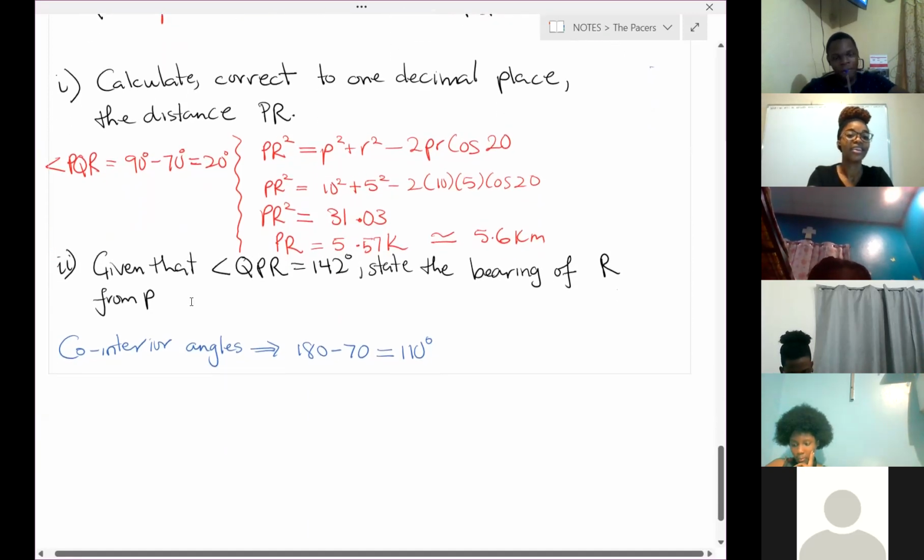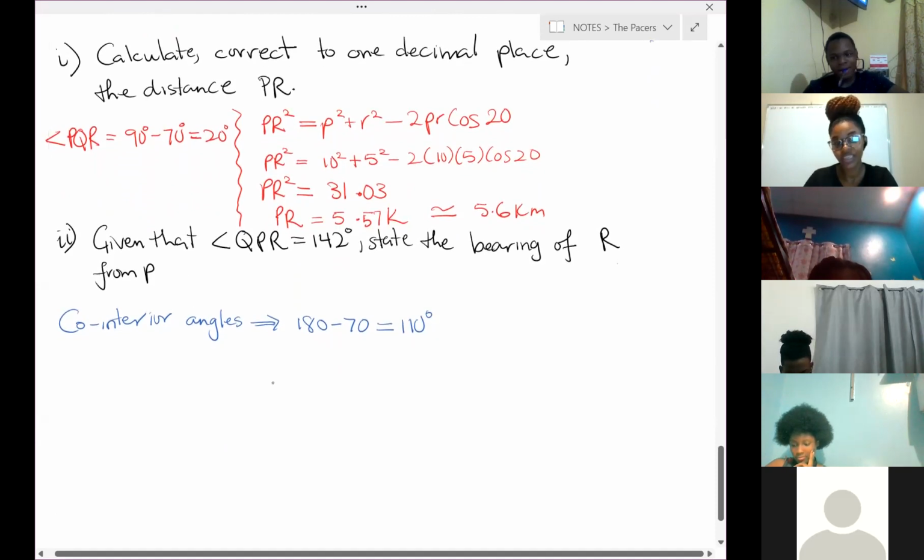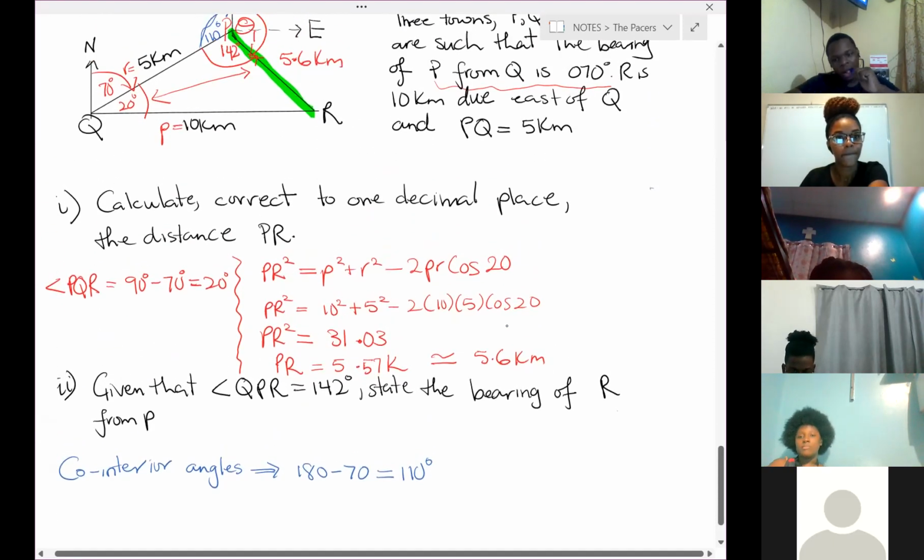All together. You want to add it up there? Yes, please. So the bearing, that would be what? It would be 252.